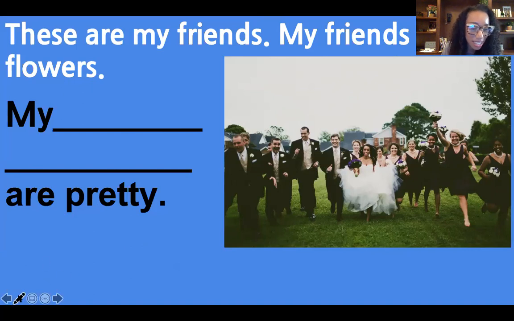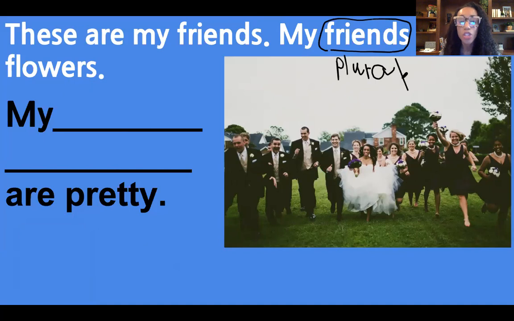So let's write this sentence correctly. So let's take a look. My friends. Is that a plural noun or a singular noun? It's a plural noun. Excellent. So knowing that, where are we going to put our apostrophe? After the S, you got it. So my friends.